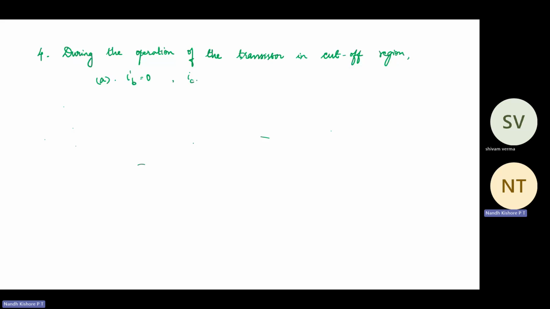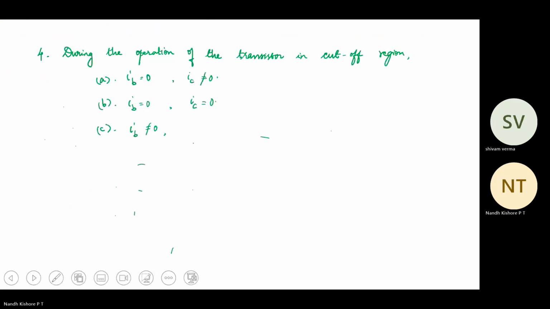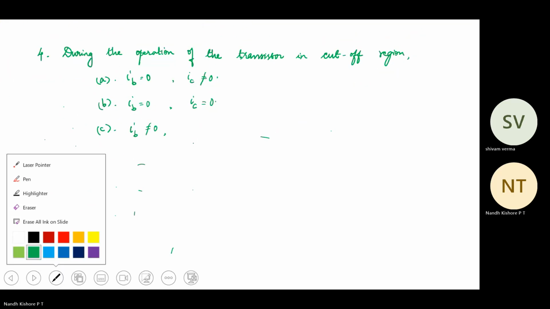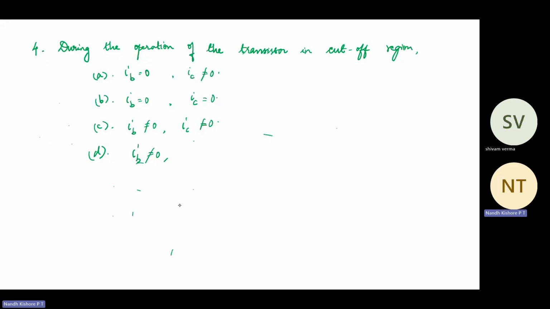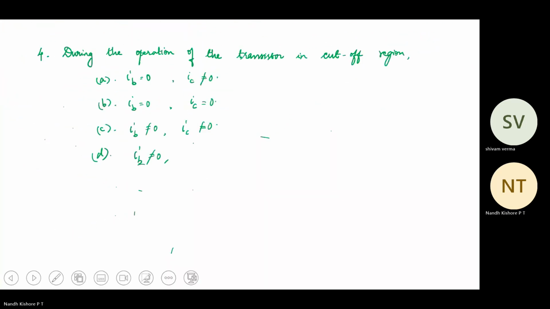IB equal to 0, IC not equal to 0; IB equal to 0, IC equal to 0; IB not equal to 0, IC not equal to 0; and finally IB not equal to 0 and IC equal to 0.